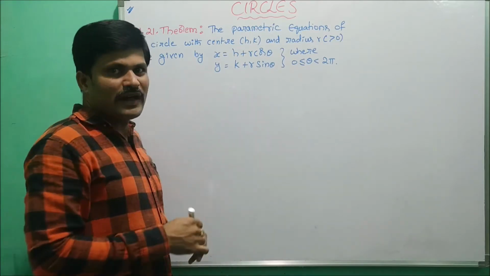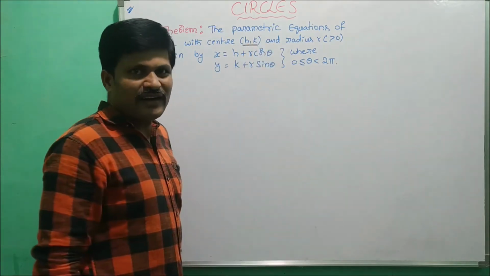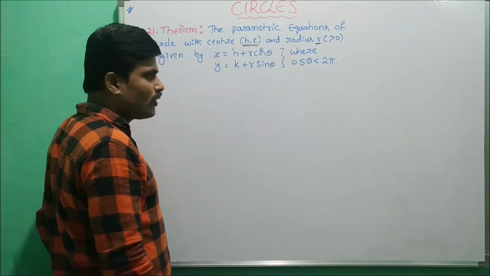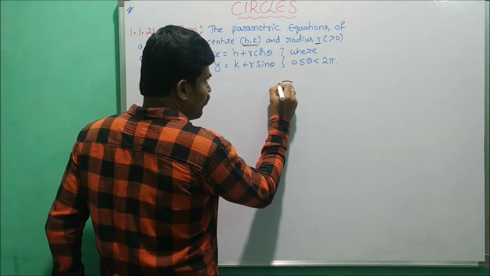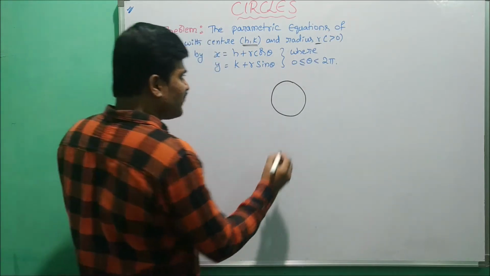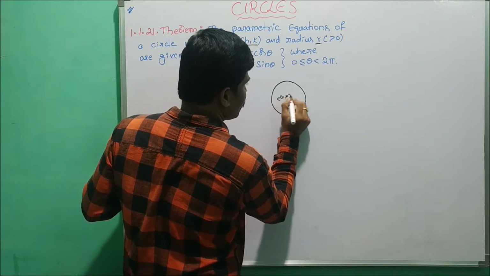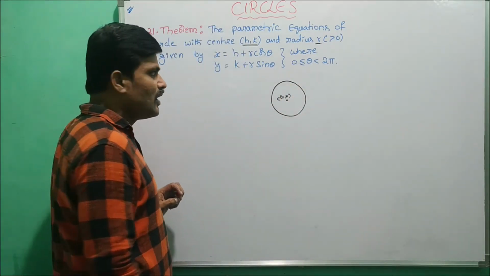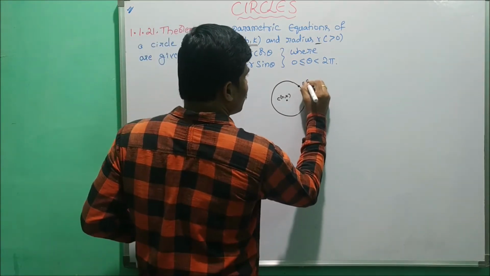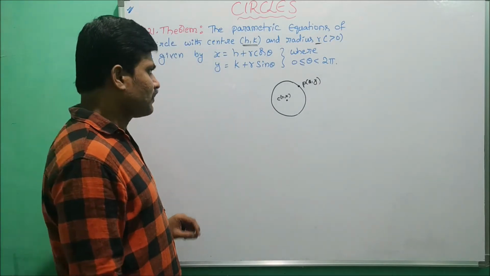First of all, we take one diagram, with the given center and radius. First we take a coordinate plane, and in that plane we draw a circle. In that circle, this is the center C(h, k). We take one point P(x, y) lying on the circle.